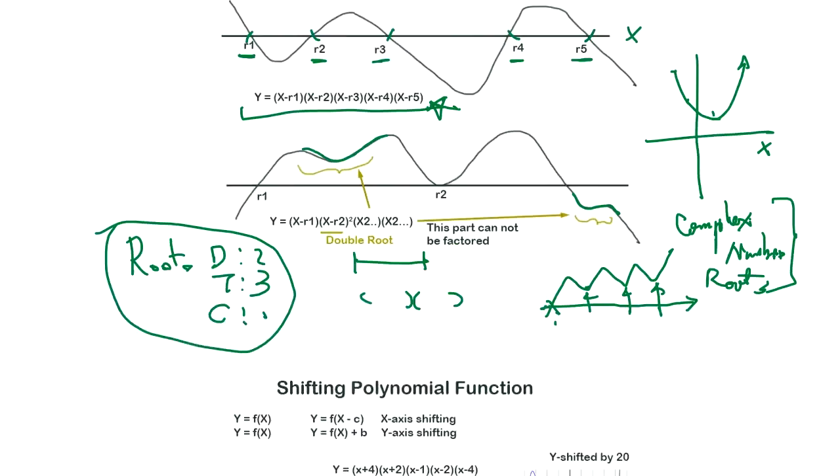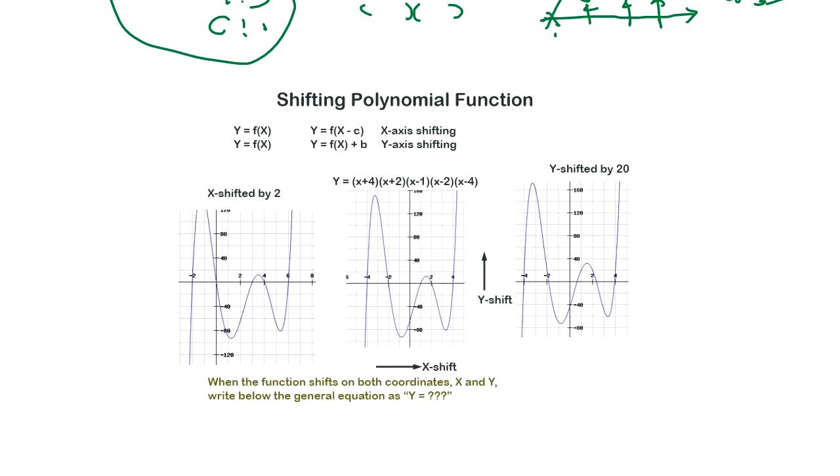So, shifting polynomial function. How do we shift a polynomial function? Do you remember shifting? Y axis shifting is plus b, right? X axis shifting is negative c inside, x minus c.